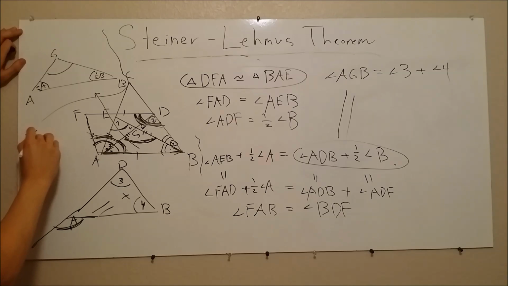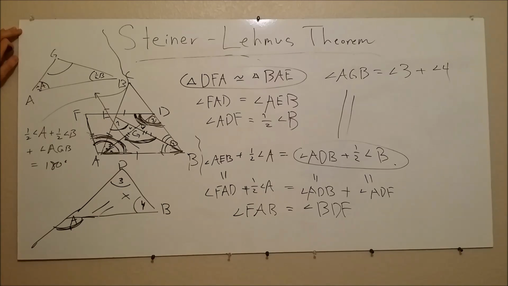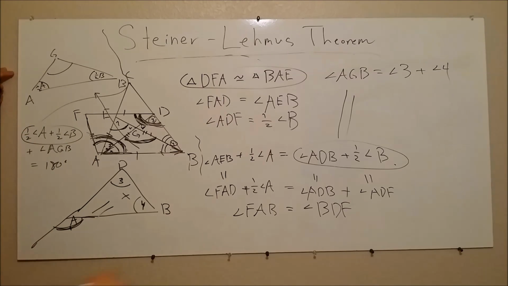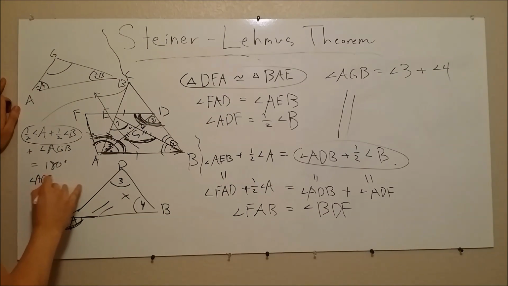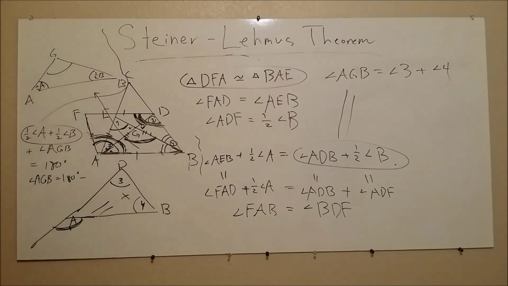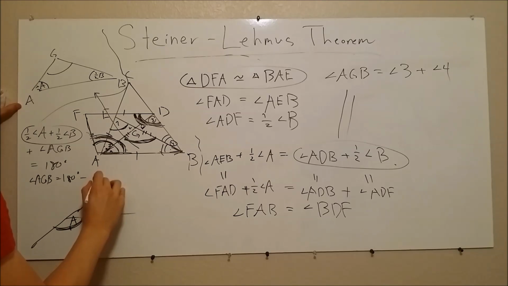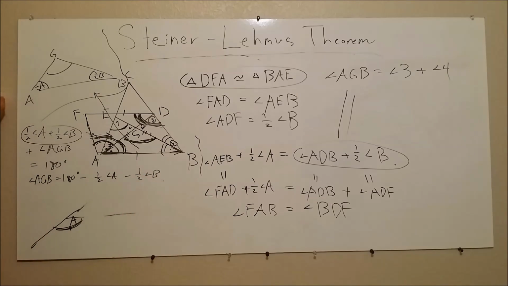So we have half of angle A plus half of angle B plus angle AGB is equal to 180 degrees. Now we simply subtract these two angles from both sides, and we get a formula for angle AGB: 180 degrees minus half of angle A minus half of angle B.